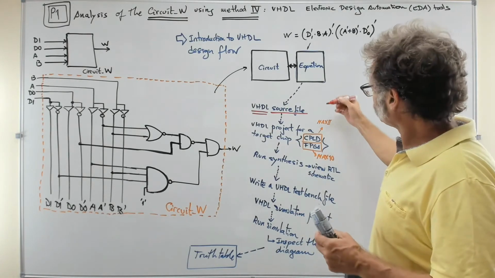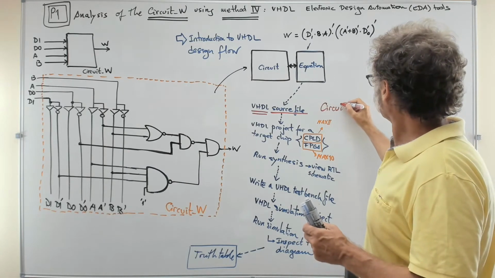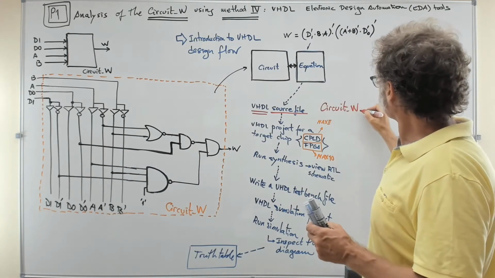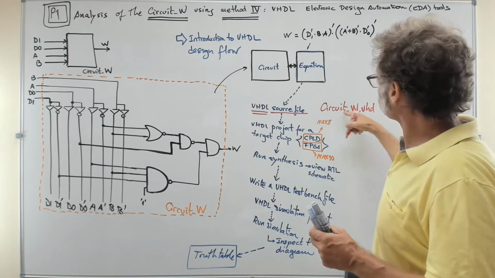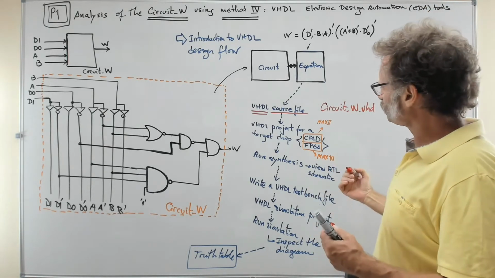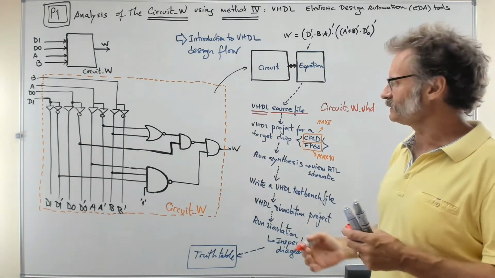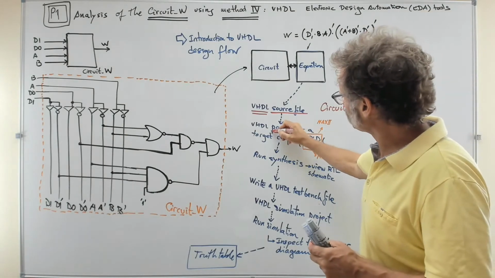So the source file will have a name, for example circuit W, but now .VHD. This is going to be the source file. And using this source file, a single source file, that is okay for a circuit that simple, we will develop a project, all right?